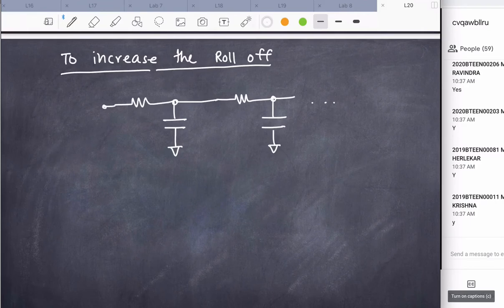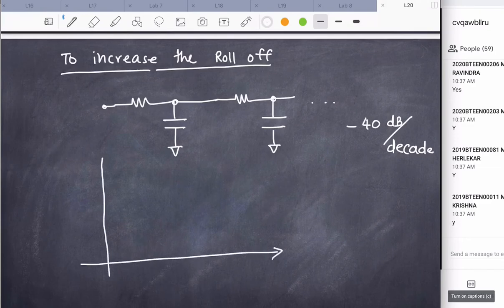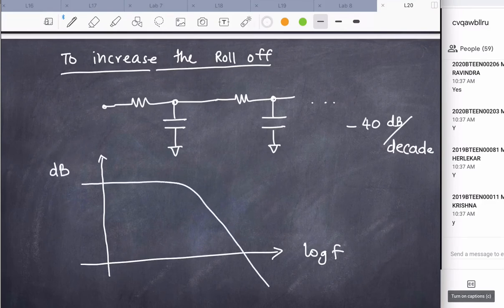So, if you use this, then the roll off will be minus 40 dB per decade. It means the roll off will be faster. If you want to draw it, log f, dB, and if this is the minus 20 dB per decade, then this can be minus 40 dB per decade.